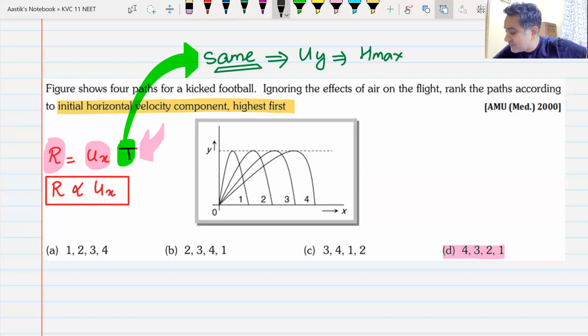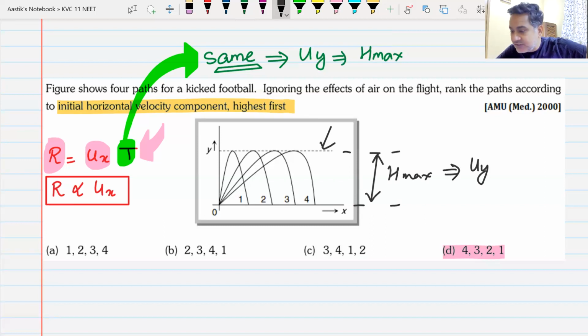Now look at this line that they have drawn. All the 4 projectiles have the same maximum height. If they have the same maximum height, this implies that they have the same vertical velocity, which implies that they have the same time of flight.